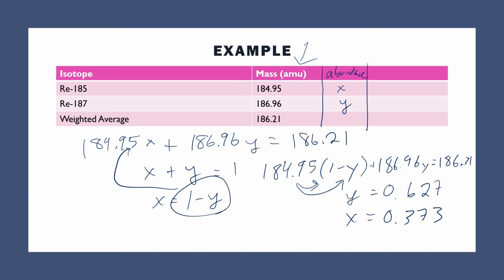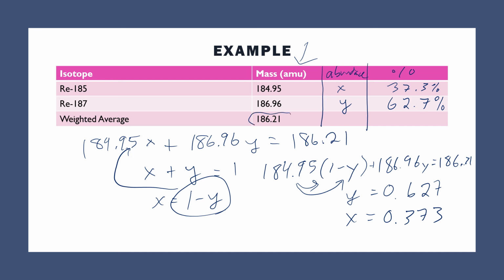So I have X and Y. All I need to do is change this into percentages. So percents for X would be 37.3%, and for Y would be 62.7%. Now, this makes sense. Always think about if the number makes sense. Is it reasonable?